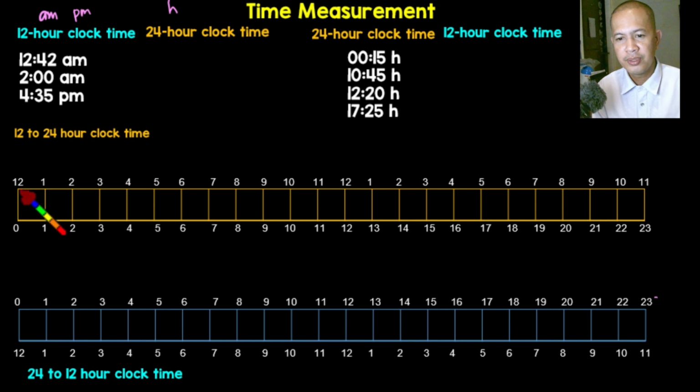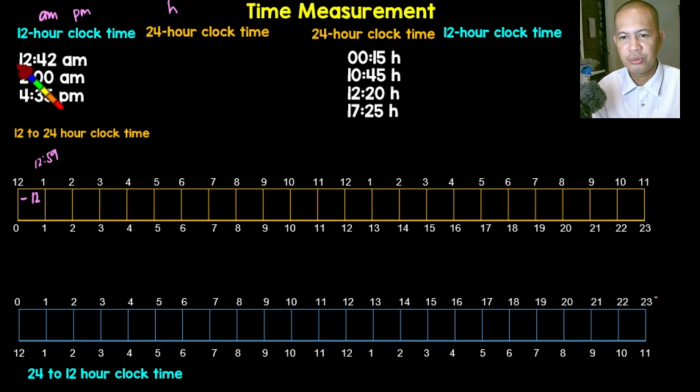From 12 midnight to 12:59 a.m., we're going to subtract 12 to get the 24-hour clock time.